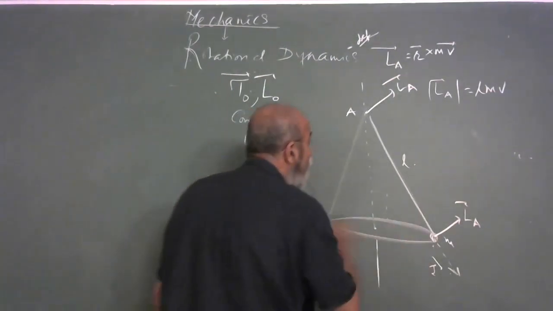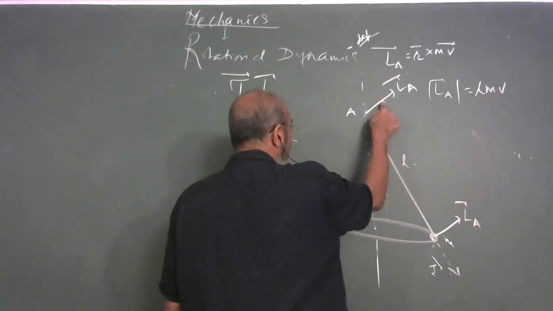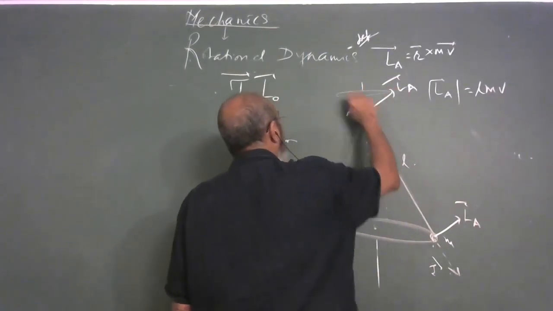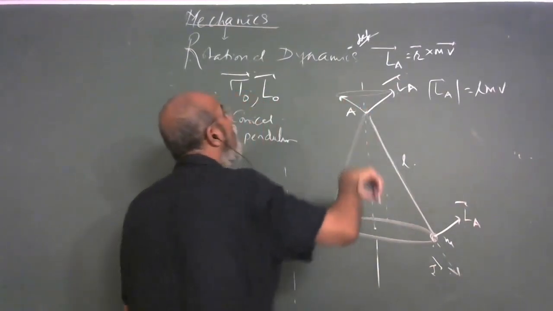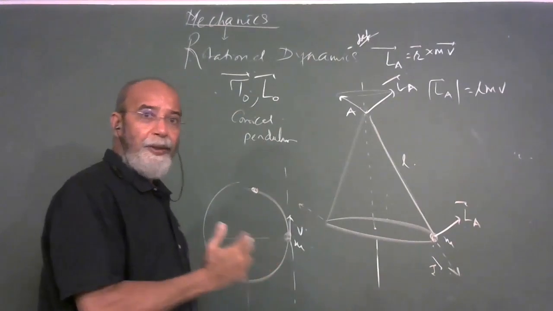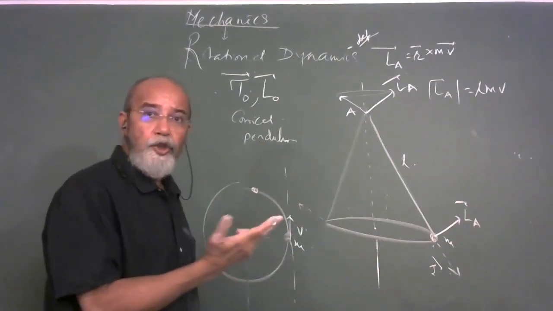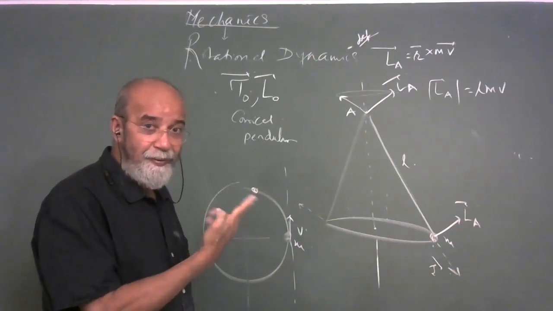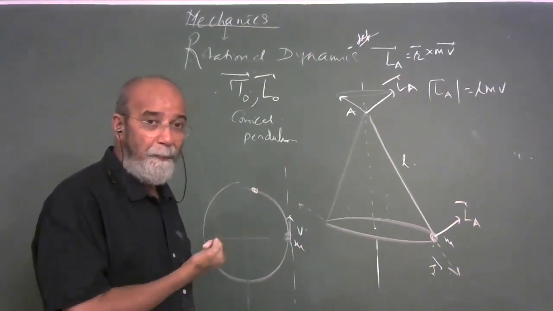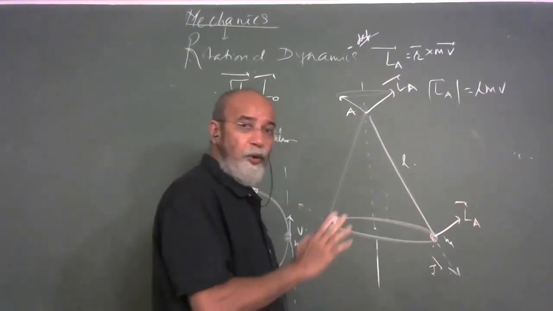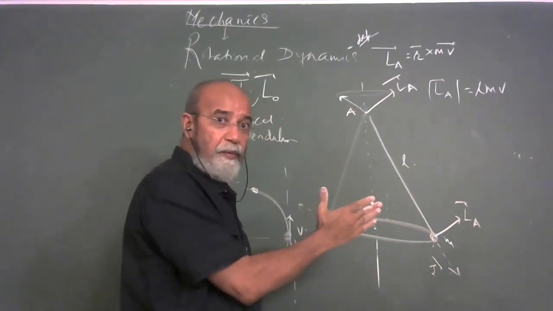So as this moves, this vector seems to be moving with the object and generating a little cone there. You notice? As the object moves, so does the L move.